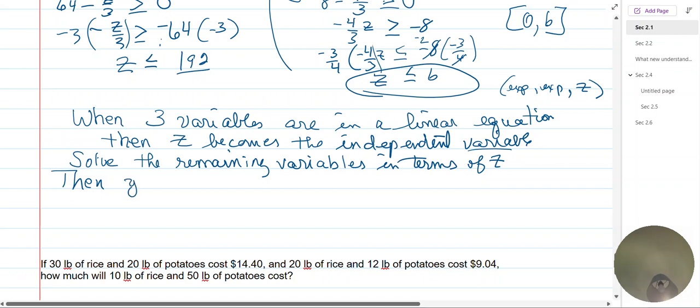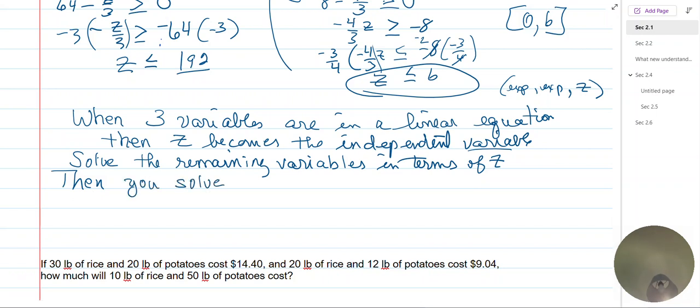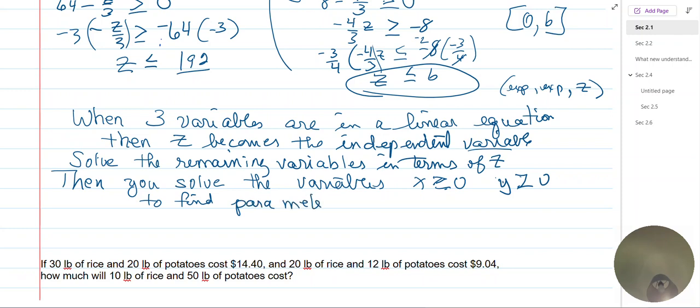Then you solve the variables x greater than 0 and y greater than or equal to 0 to find the parameter of solutions.